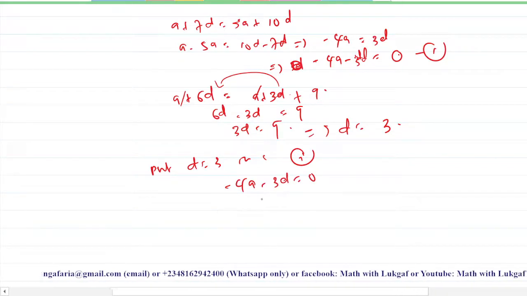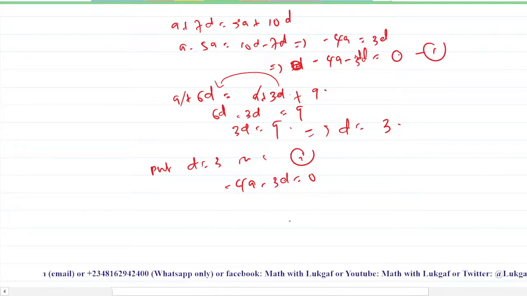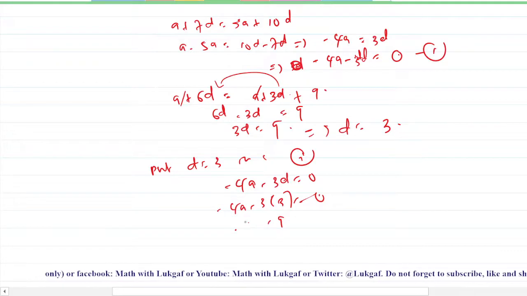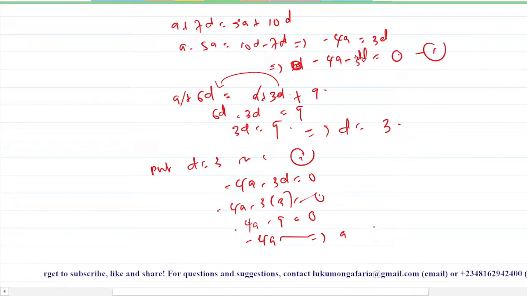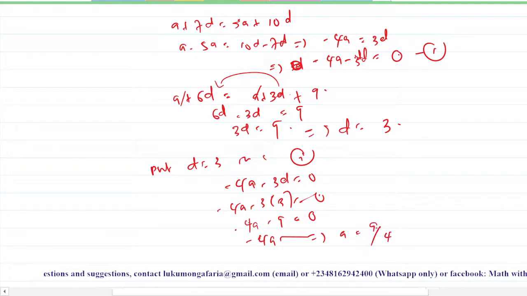That's minus 4A minus 3 times 3 is equal to 0. So minus 4A minus 9 will give me 0. You understand now? So if that is cleared, then you are going to have that minus 4A equals 9, which implies that A is equal to minus 9 over 4.